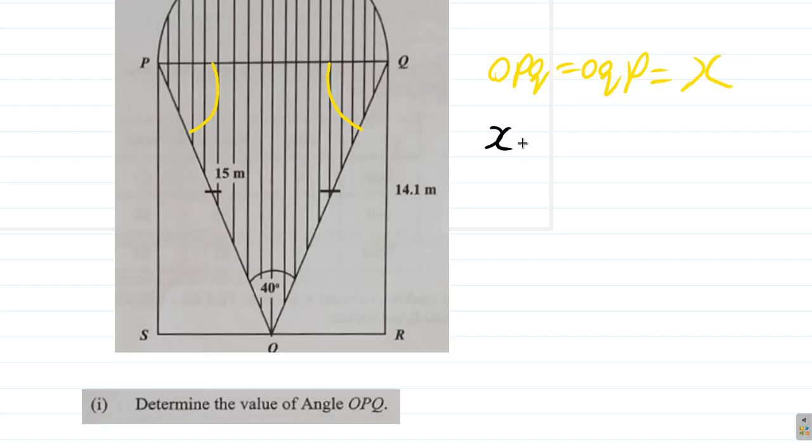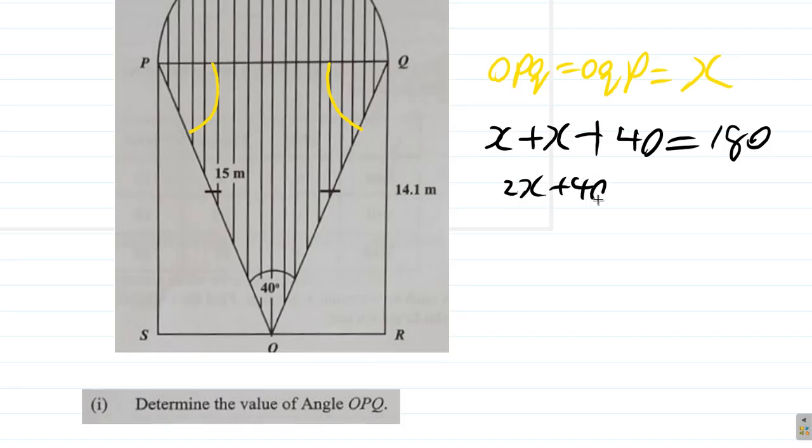So X plus X, that would be this plus this, plus 40 equals, so you remember now, the total internal angles in a triangle is 180 degrees. So x plus x is 2x plus 40 equals 180.